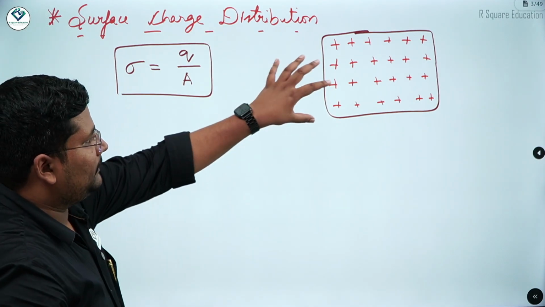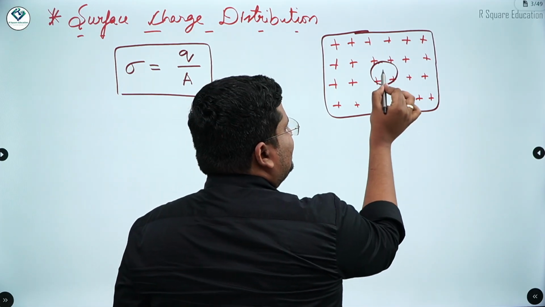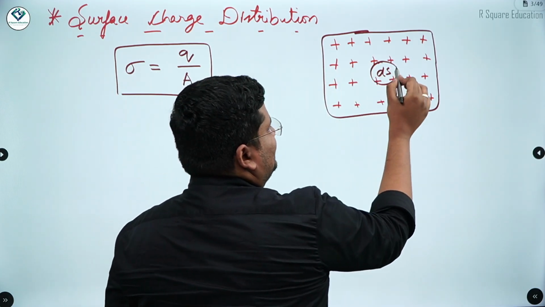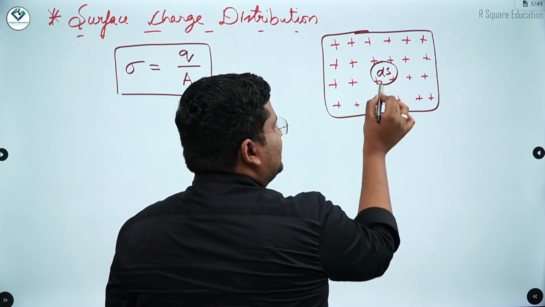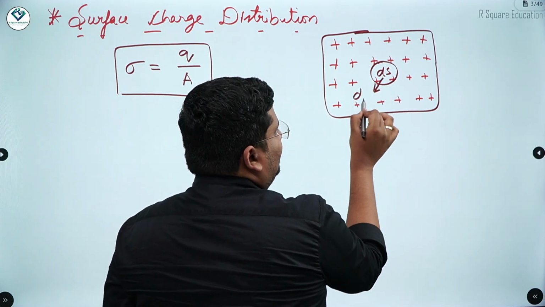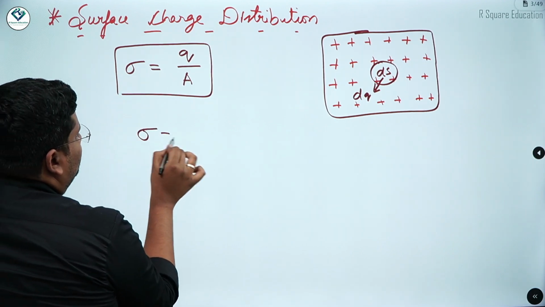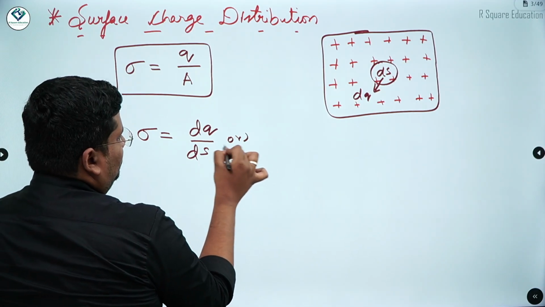And if I take one small particular area, and the surface area is going to be ds or dA, and if I want to know what is going to be the surface charge density here, I will take only the charges which is present inside this surface. So let me take it as dq, then the surface charge density will become sigma is equal to dq by ds or dA.